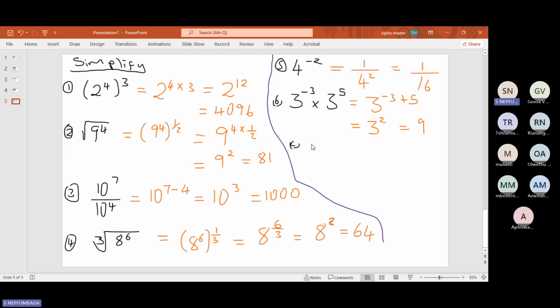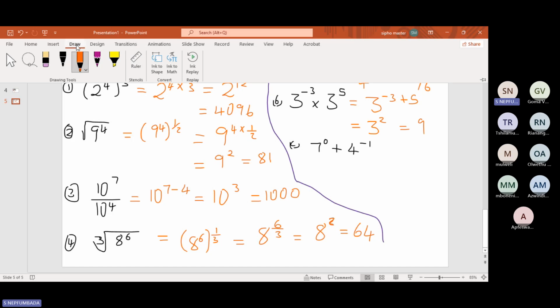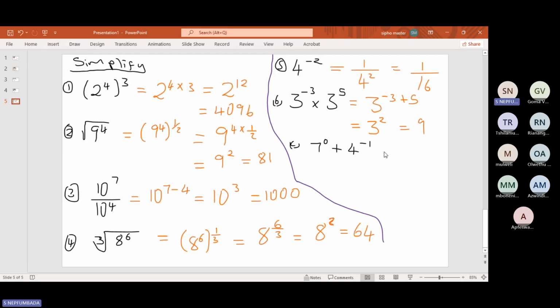Let's say we have 7 to the power 0 plus 4 to the power of minus 1. When we simplify this, we're going to have 1, because 7 to the power 0 is 1, then plus 4 to the power of minus 1 is 1 over 4. How can we write 1?